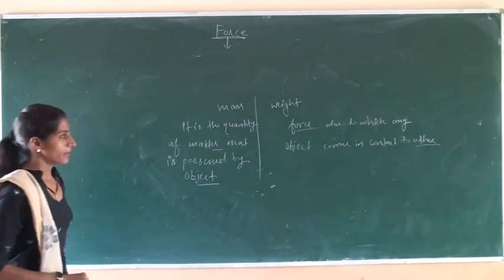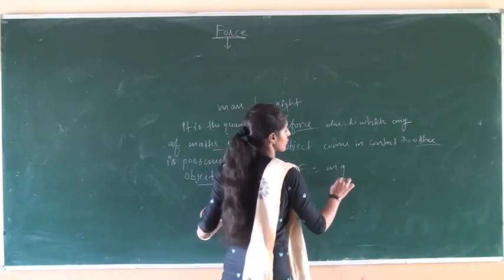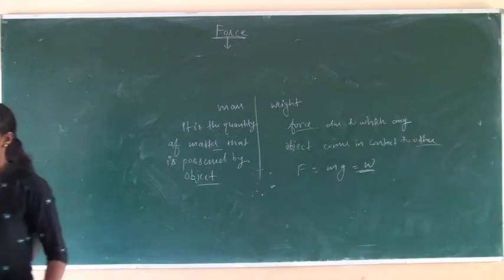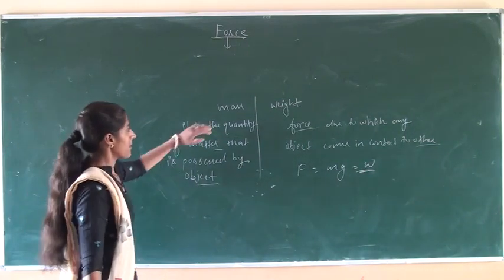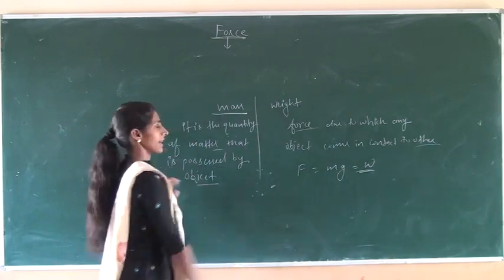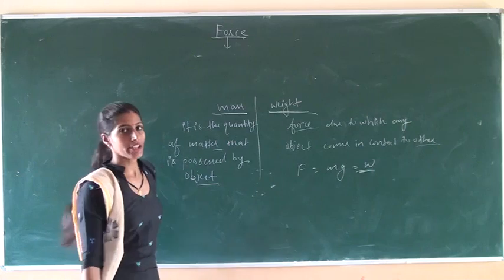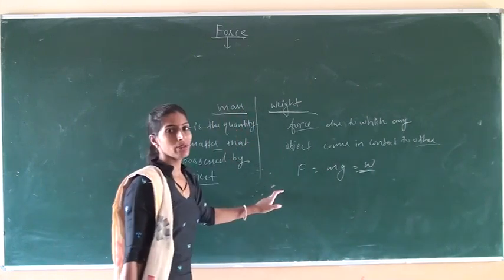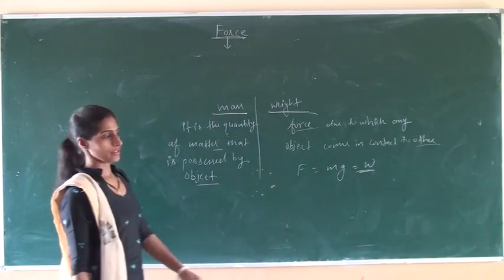That is, weight is the force, means F is equal to mg and it is also equal to W, weight. Okay? Another, mass is constant at any place, but the value of weight, means force, changes when the position of the object changes with respect to the earth.